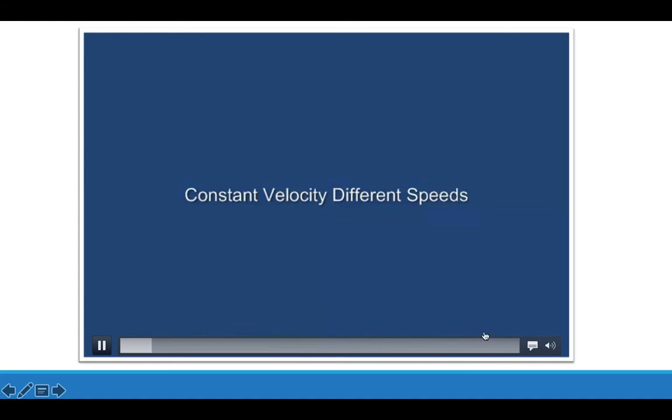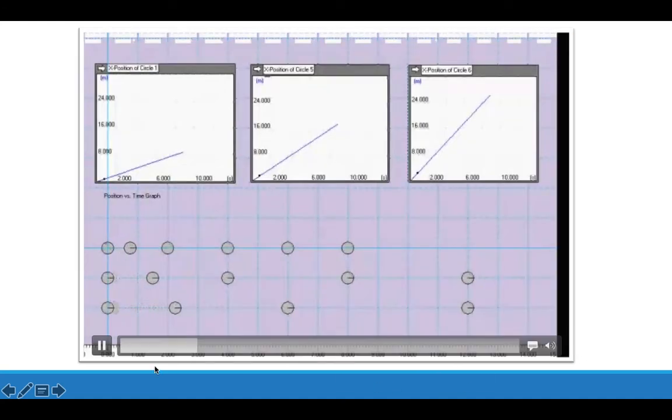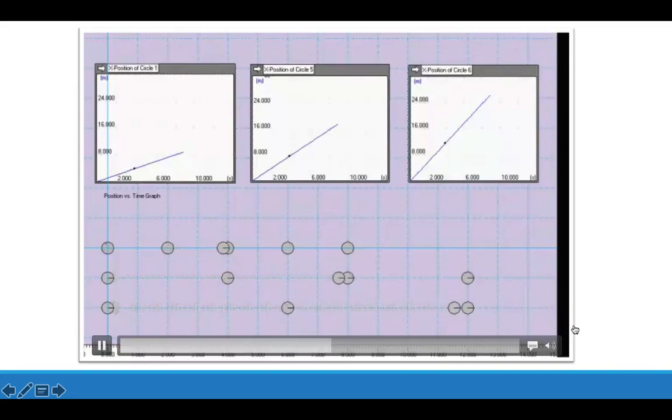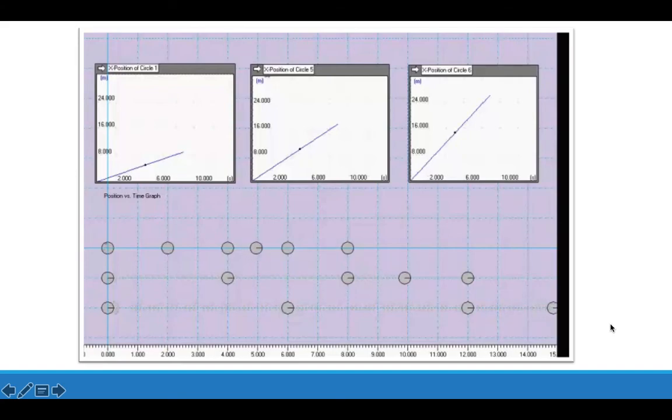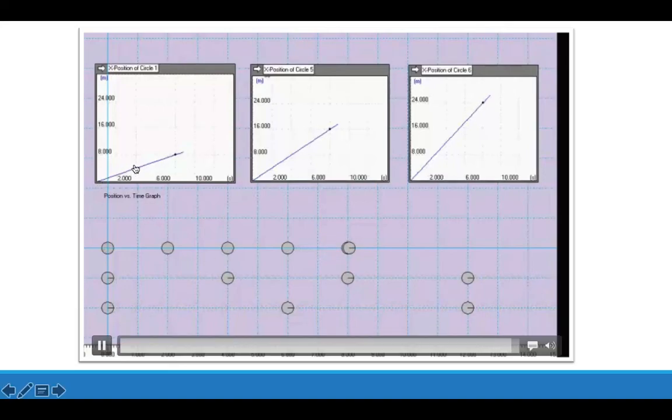All right, so here is just an animation that's going to allow us to see the motion of an object with different speeds. And so where the dots are on here, these are just the same representations we drew before, and it just shows the object every second that goes by. And then a graph of the position versus time for each one of these is made above, right?